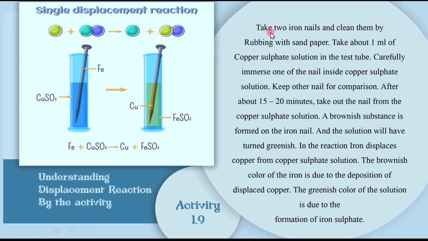In this activity, you have to take two iron nails and clean them by rubbing with sandpaper. Then take about 1 ml of copper sulfate solution in a test tube.